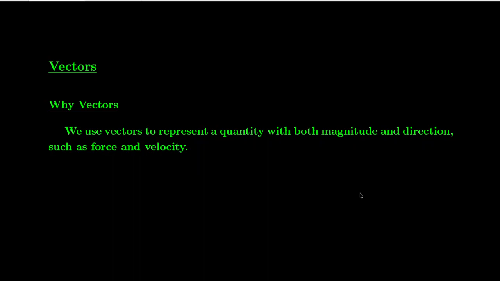We use vectors to represent quantities with both magnitude and directions. In physics, you learned velocity, even the displacement, velocity and force are all quantities having both magnitude and directions, right? So these are quantities that can be represented using vectors.